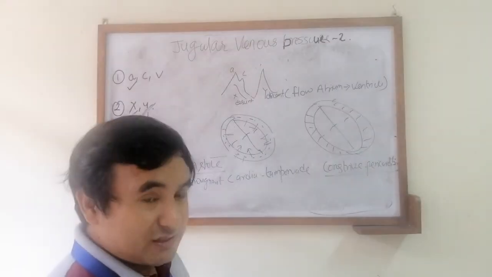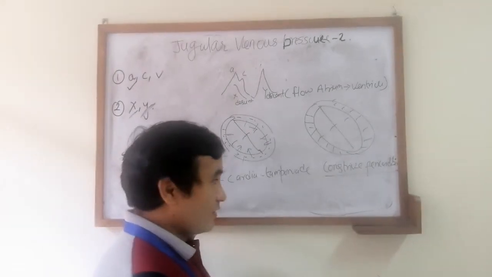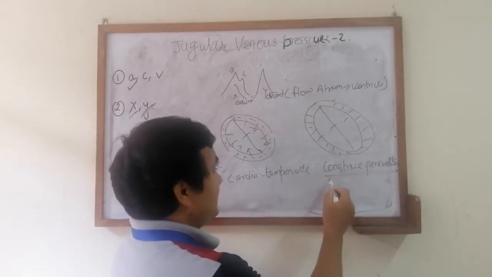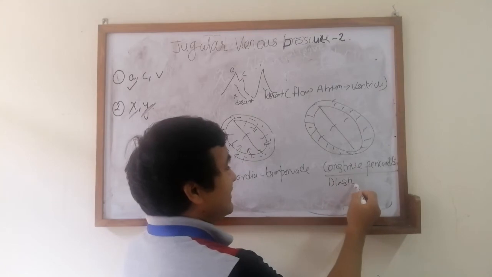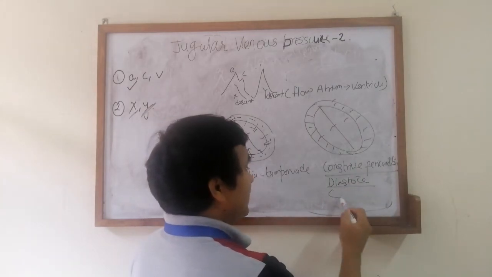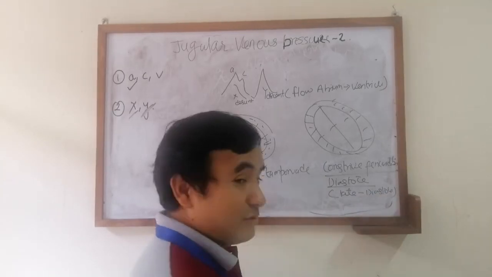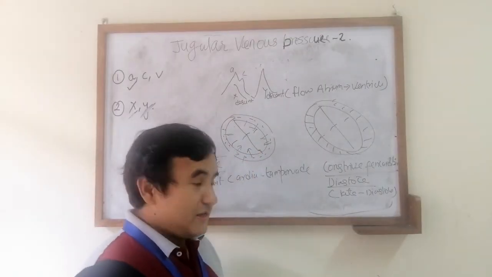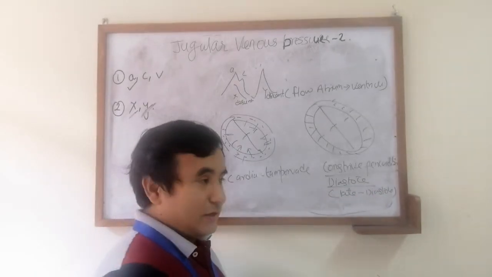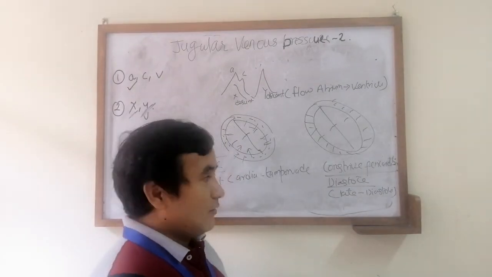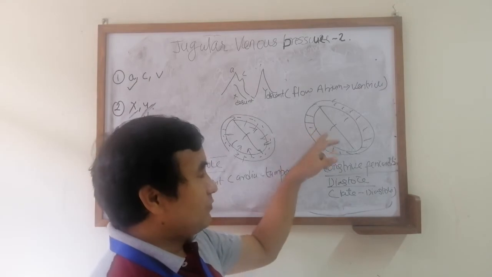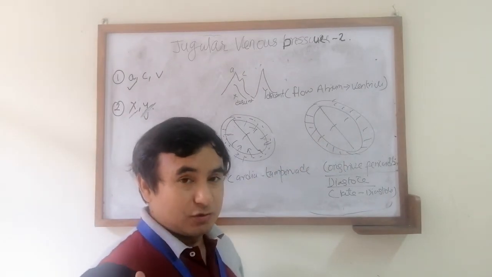Whereas in case of constrictive pericarditis, it impairs the flow only in late diastole. So it will exert the pressure only in late diastolic phase. It will not impair the flow of the blood from atrium to the ventricle in early diastole.